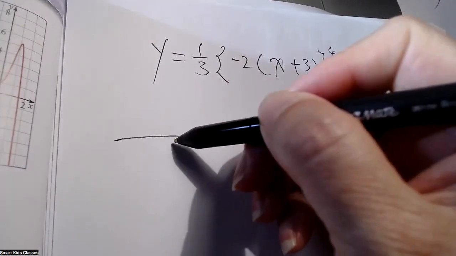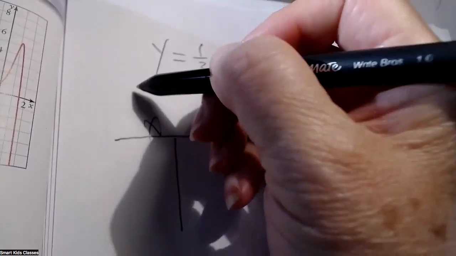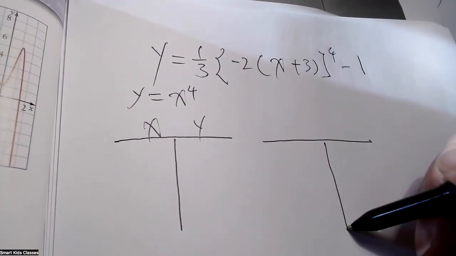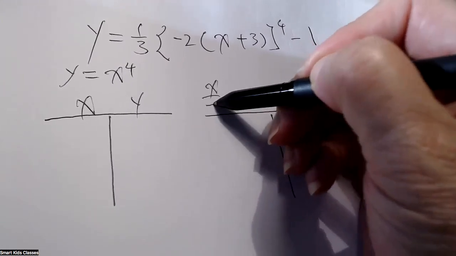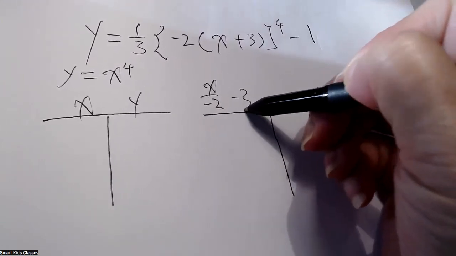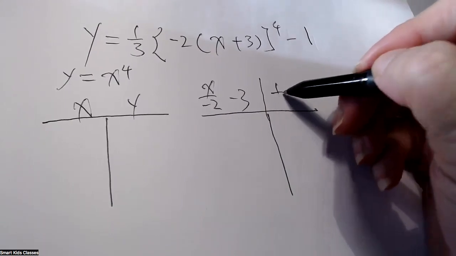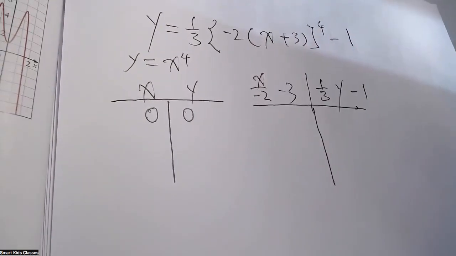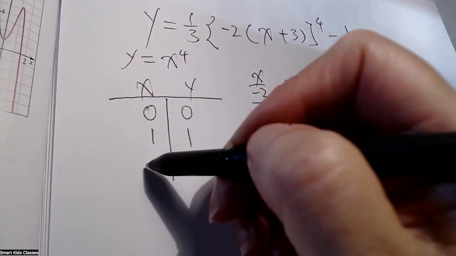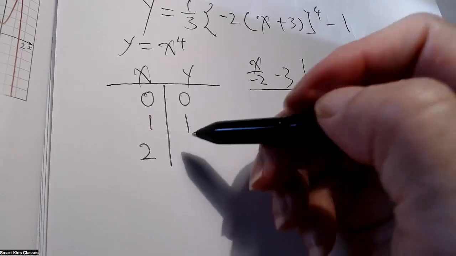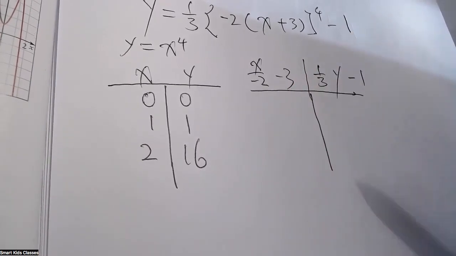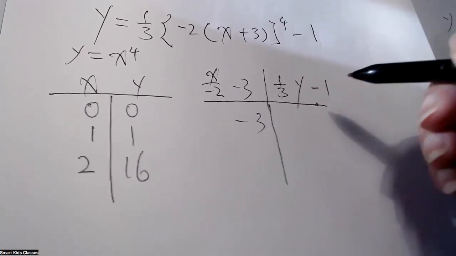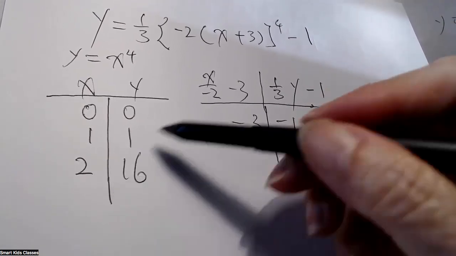So you can draw a table too. So x and y: if I write this, y equals x exponent 4. And how about this one? It's a transformation, x plus 3 and -1. So how about y? It's 1/3 times y minus 1. So if I have 0, 0, 1, 1, 2, it's 16. So how about we apply 3 points here? So it will be -3 and -1. So how about 1?